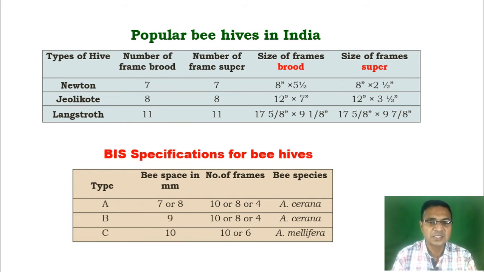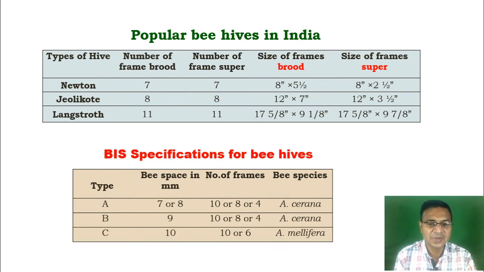Next is the BIS specification for the beehives. The BIS differentiates as per the necessity and the efficiency of the honeybees in the hive. They constructed 3 different types of hives: type A, type B and type C. The bee space is 7 to 8 millimeter, 9 millimeter and 10 millimeter.